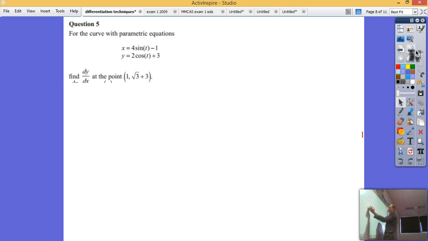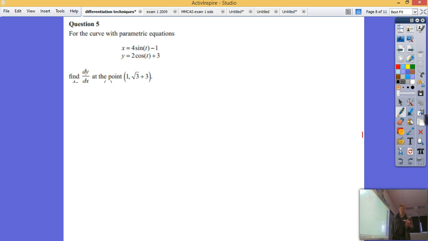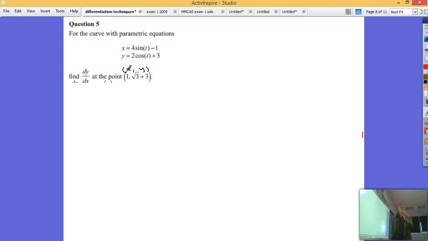First off, it's important to recognize that's not a t value there. That's an x and y coordinate. That is some point on the curve produced by this pair of parametric equations. So let's consider first taking the derivative of each parametric equation with respect to t.